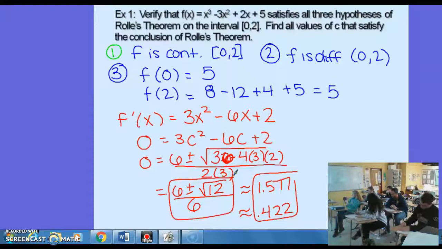So more than likely, if you did a sign test, which we're going to get to in 4.3, this would show local mins and local maxes. So all those are critical points, and they're guaranteed to be a critical point.